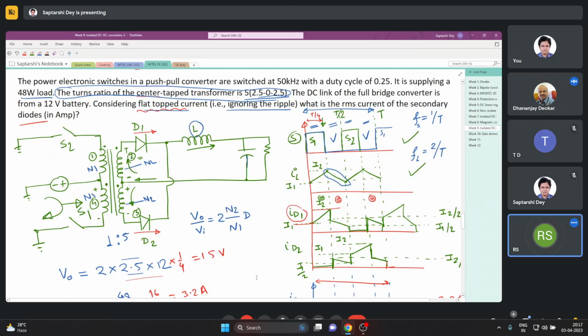It can be some T/4 on. But when we say duty ratio, we say the duty ratio with respect to one switch only. Since both the switches are operating with the same duty ratio, we can say only one.